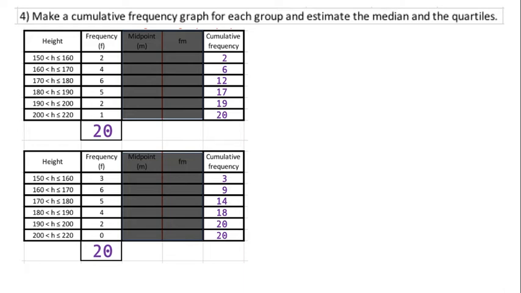Now, the points that we plot on the cumulative frequency graph are as follows. First of all, we're going to plot 160 against 2 to show the fact that there are 2 people whose height is something up to 160. Then we're going to plot 170 against 6 to show that there are 6 people whose height is something up to 170.